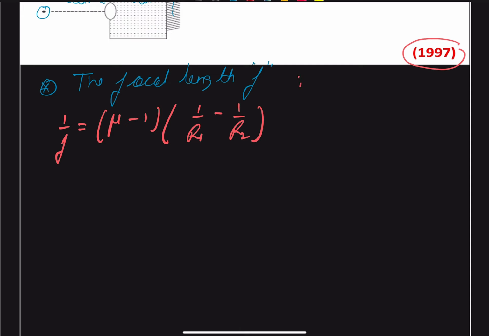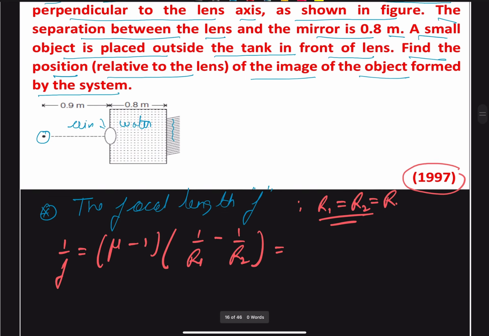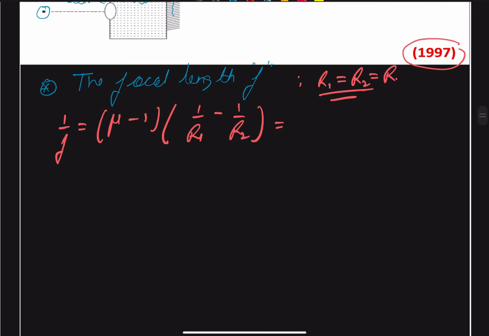So therefore our R1 will be equal to R2, and let us suppose that is equal to R. So we simply substitute the values. We get mu as 3/2. Okay. So this will be giving us 3/2 minus 1, and we get this as 1 upon R, and this will be a minus of minus 1 upon R.